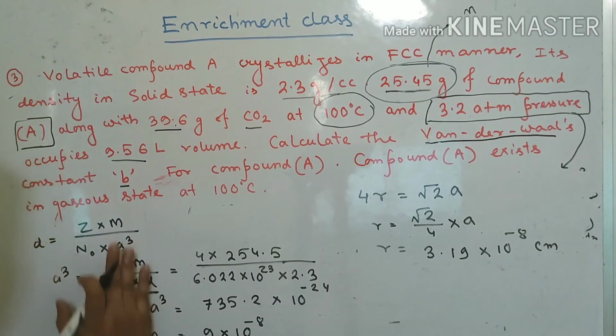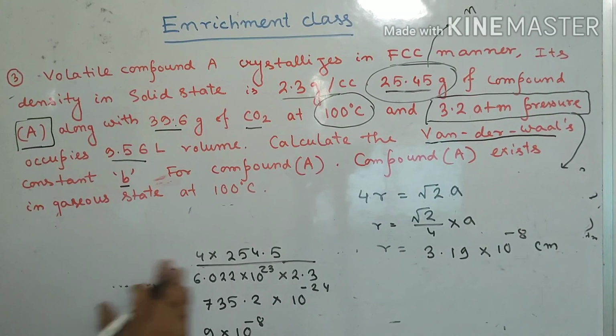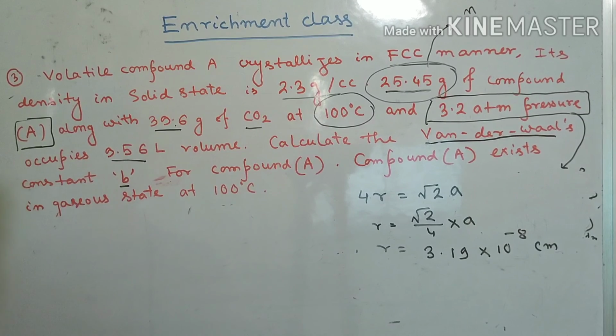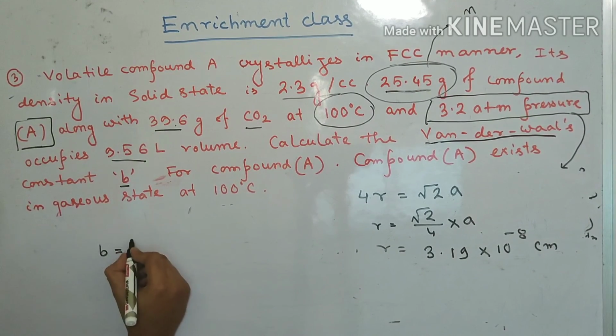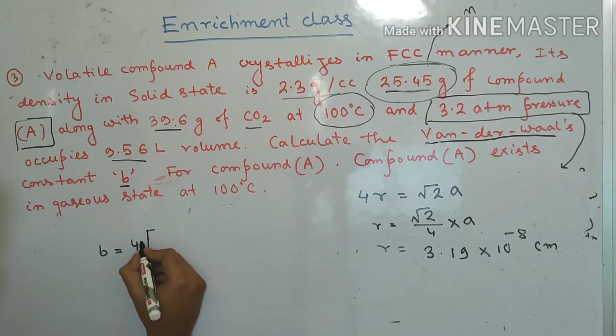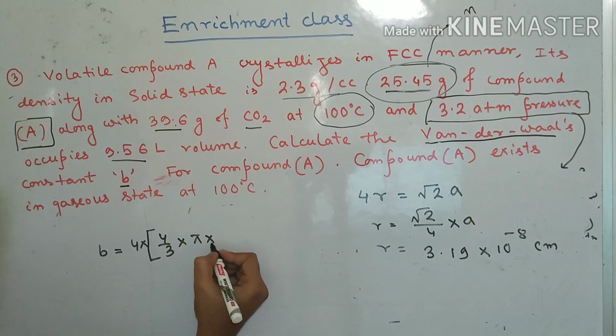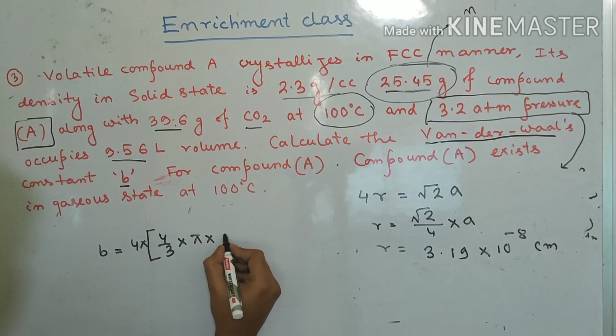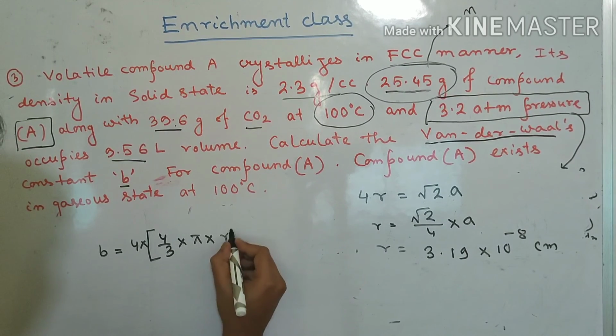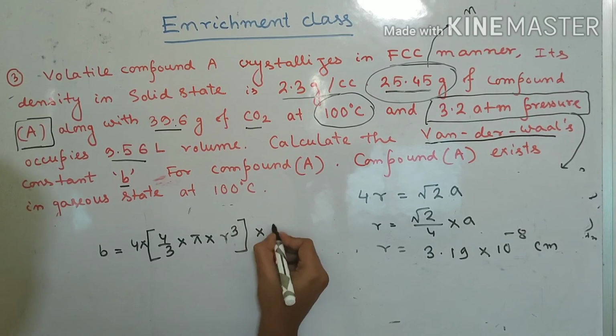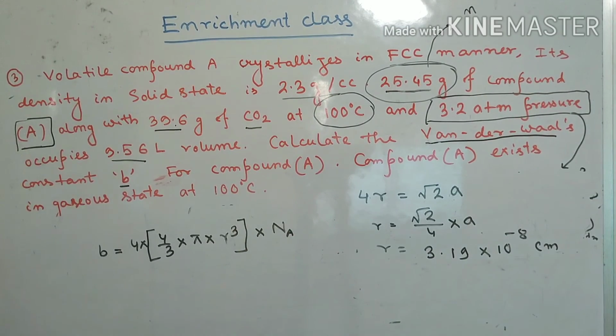Now finally I have to calculate the value of b. Value of b should be 4 into 4 by 3 into pi r cube, let me write down the formula first, into Avogadro number.